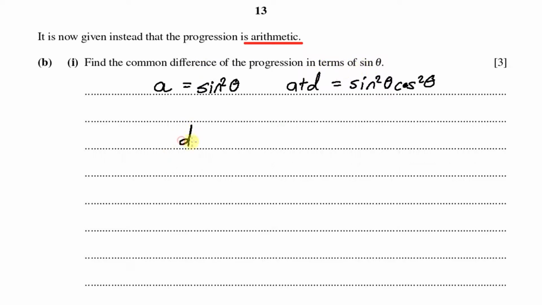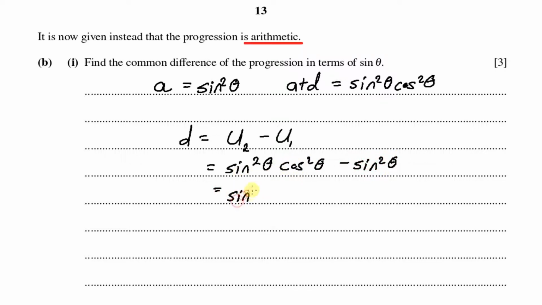So to find the common difference, we subtract the second term, which is A plus D, minus the first term, which is sine squared theta. So that will be subtracting sine squared theta cos squared theta minus sine squared theta. So I'll apply the identity here for cos squared theta. So for cos squared theta, I'll have 1 minus sine squared theta.